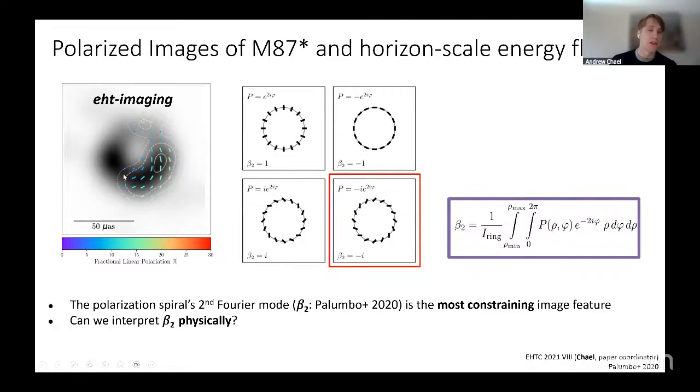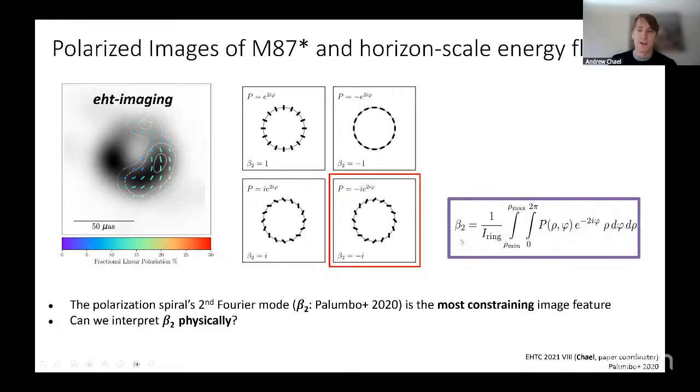And so we noted earlier that the polarization vectors around the black hole have this characteristic spiral structure. We characterize that spiral in terms of this beta-2 coefficient introduced by Daniel Palumbo in 2020, which is basically just the second angular mode, the m=2 mode, of the polarization around the ring. And this is written down like a Fourier transform around the ring.